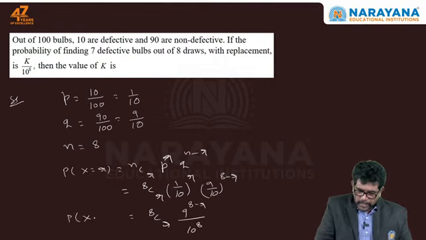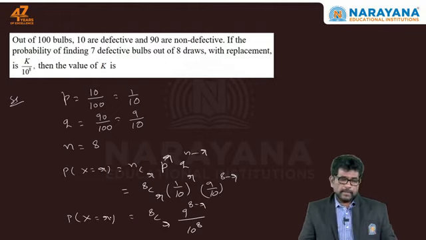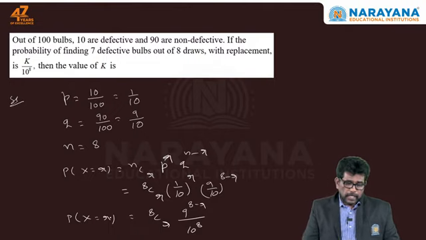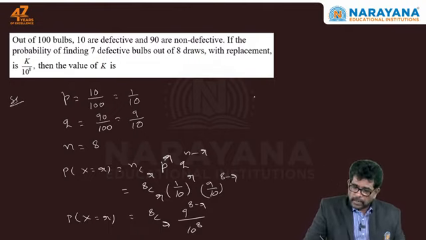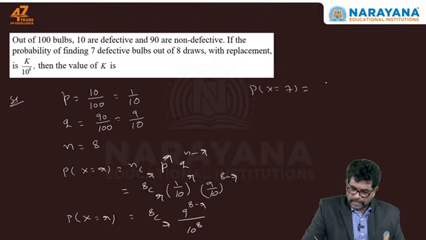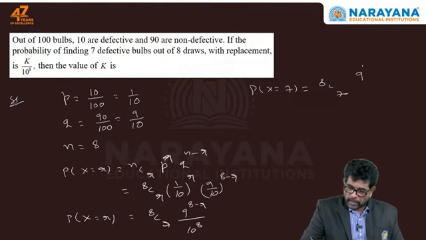That is the probability of getting x equal to r defective bulbs. But here we want 7 defective bulbs, so the probability of x equal to 7 is 8C7 9 to the power of 8 minus 7 upon 10 to the power of 8.